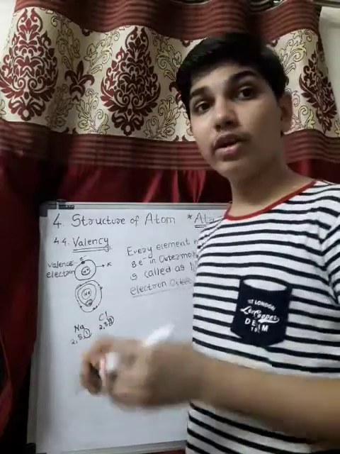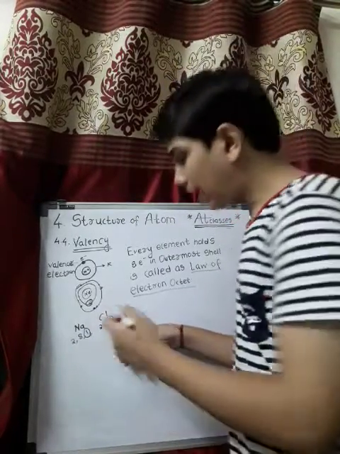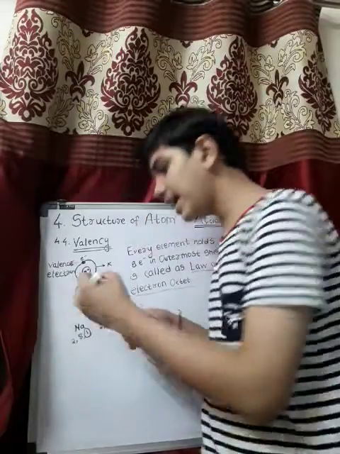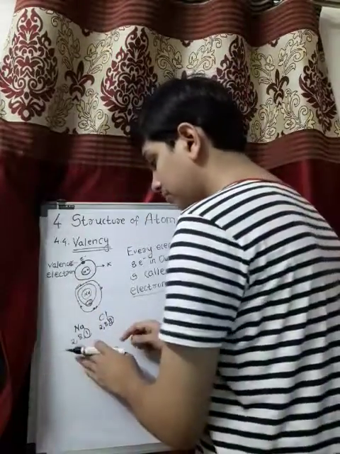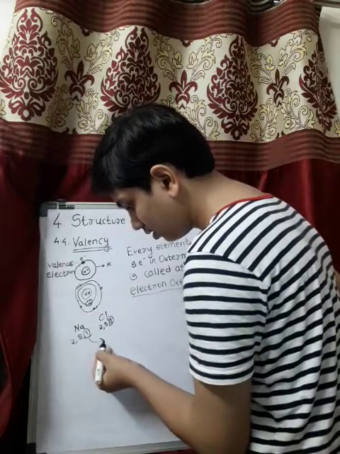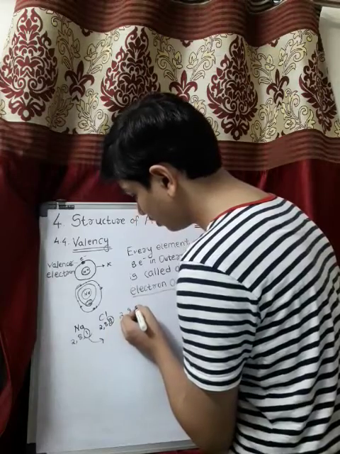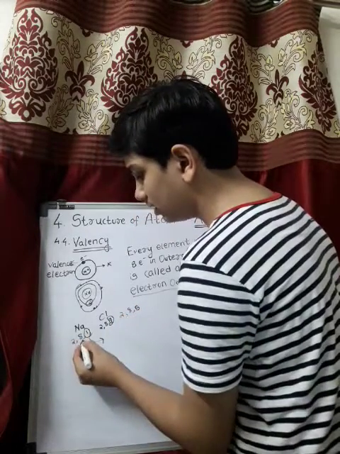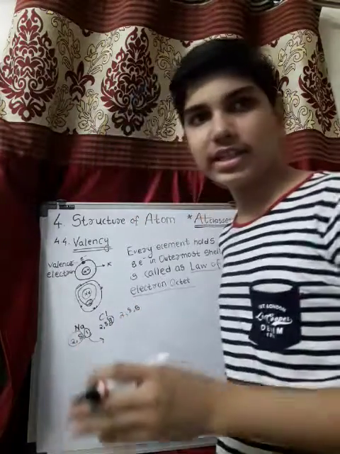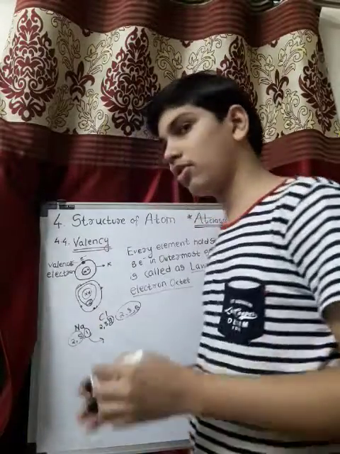The sodium needs to lose its 1 electron, and chlorine needs to gain 1 electron. Afterwards, this will become 2, 8, 8, so this follows the law of electron octet. Now this also follows the law of electron octet.